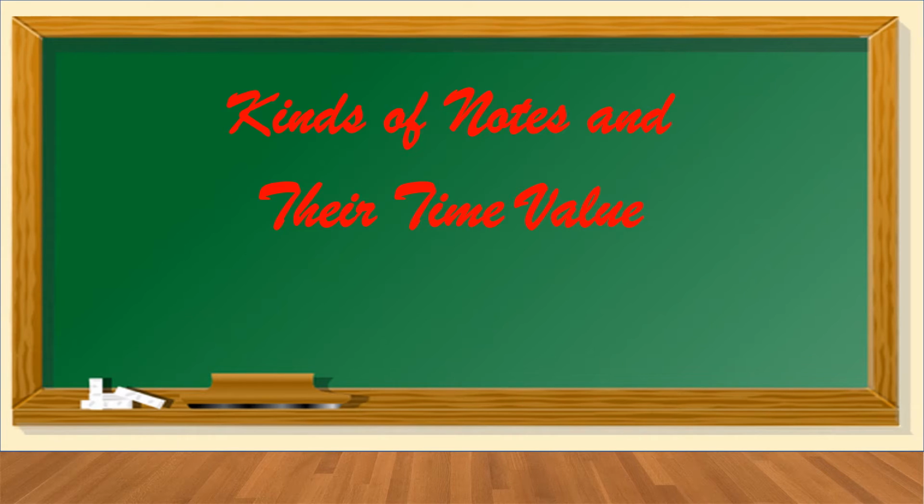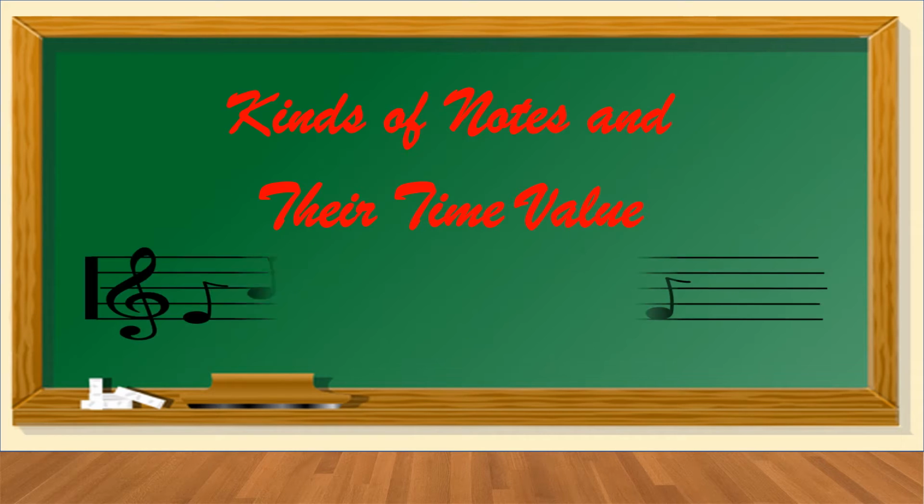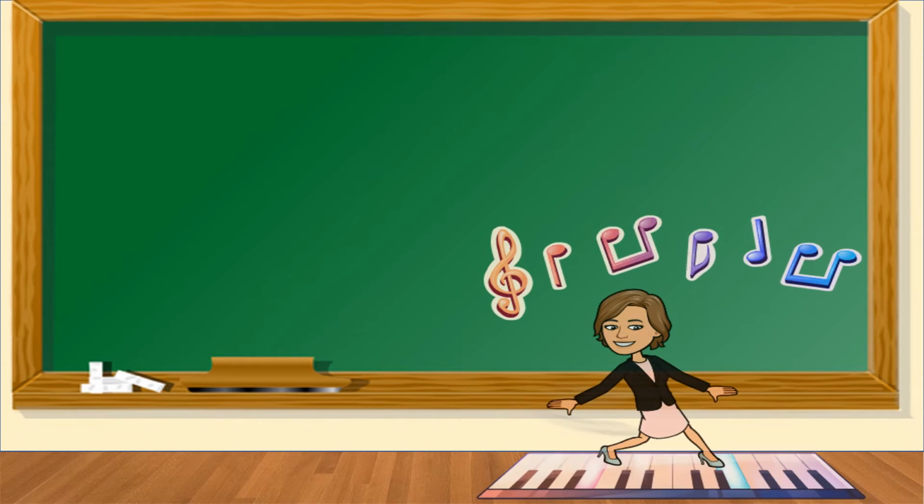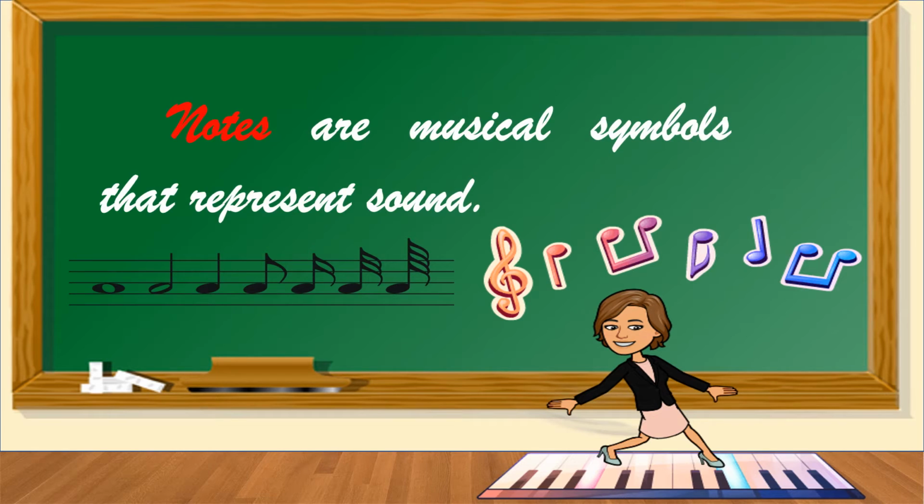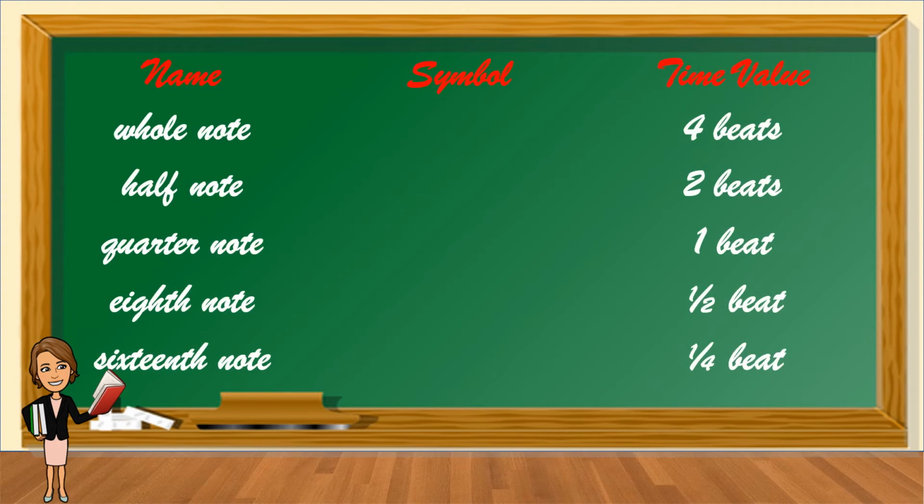This time, let us identify the notes and their time value. As I said earlier, notes are musical symbols that represent sound. We have here the table of the different kinds of notes.